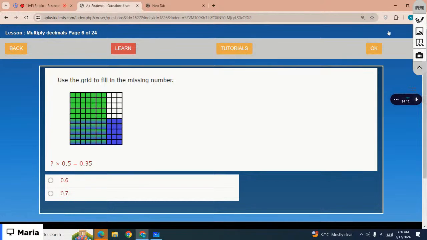Yes, that is 0.7. Option number 2 is the correct option. The missing number is 0.7. Very good.